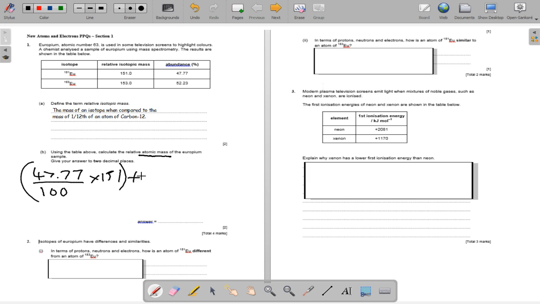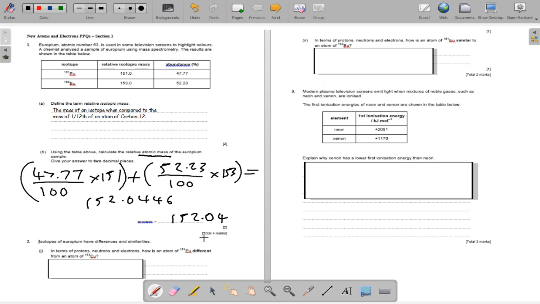First isotope, done. Then you add 52.23 over 100 times 153. And then that equals 152.0446. To do it to 2 decimal places, it's 152.04. Done.